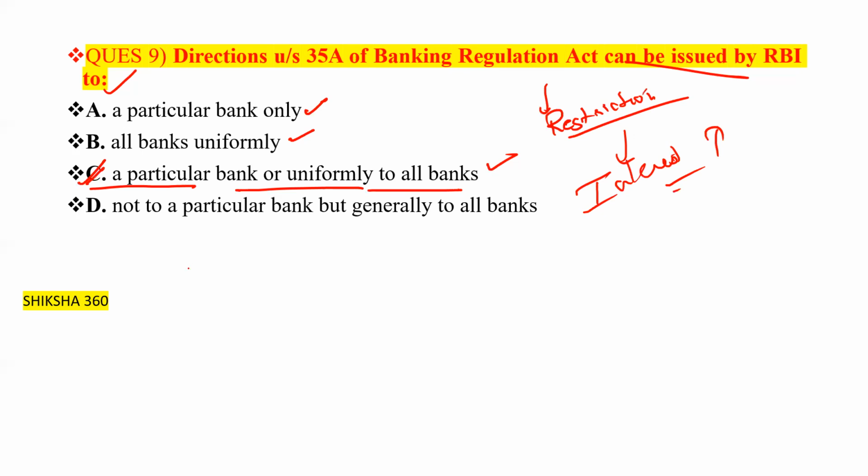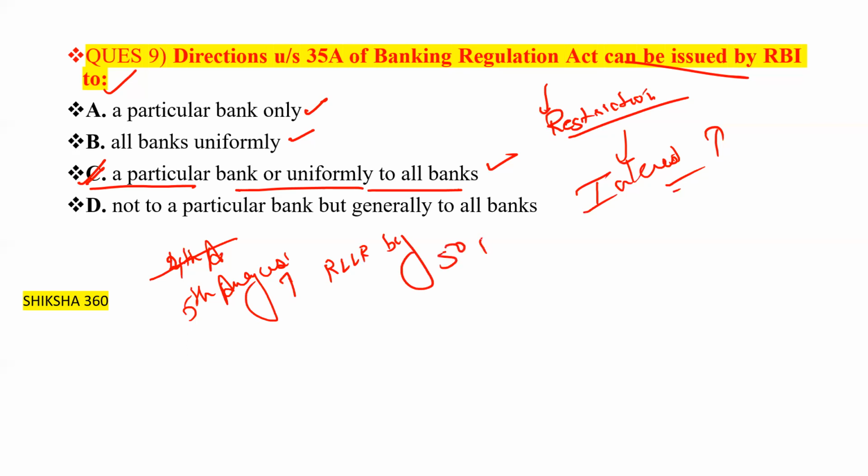You will know that on 5th of August, RBI increased the repo rate by 0.50, or 50 basis points.